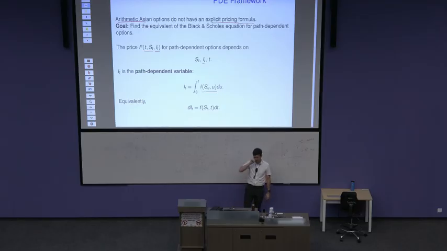Of course, we cannot include the whole path as a variable, but we want to reduce it to one number that tells us enough about the evolution of the path, and the approach would be to define some kind of integral that does the job. So this is an integral over time, which means it's a dt variable. I could also write it as dI_t is f dt. Okay, so that's the approach.